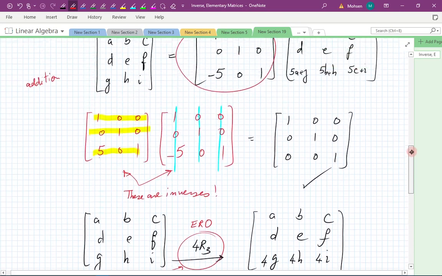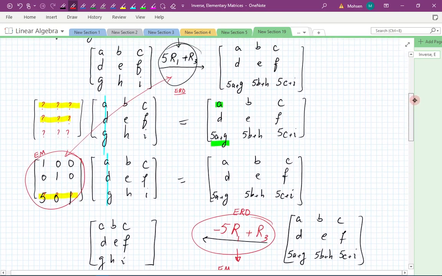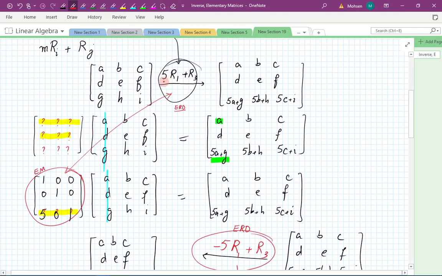Is that really applicable everywhere? Yes. So for example, here I want to do 5 row 1 plus row 3. So I take the identity, which is 1, 1, 1. Add 5 times row 1 to row 3. A 5 is born in this location.